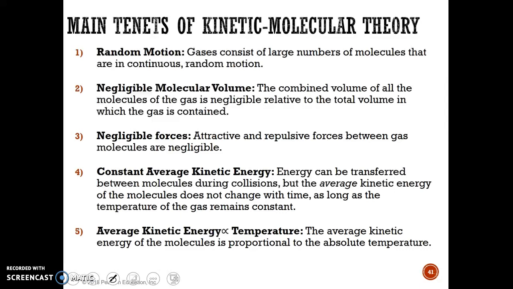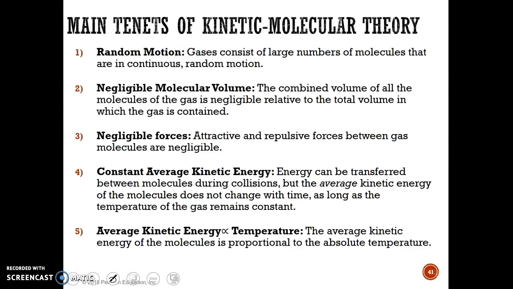A couple things I do want to point out, and I think these are some questions on your handout, is that there's a relationship between kinetic energy and temperature. And we learned this from 1101. As kinetic energy increases, the temperature should increase, because you have more movement of molecules.